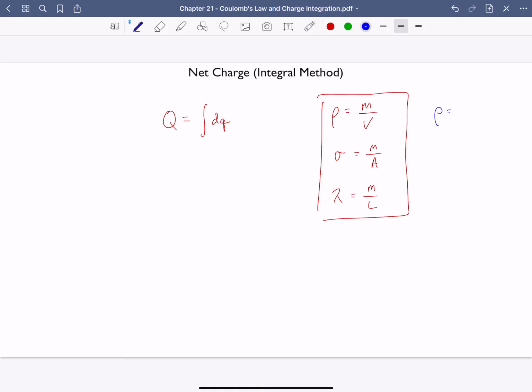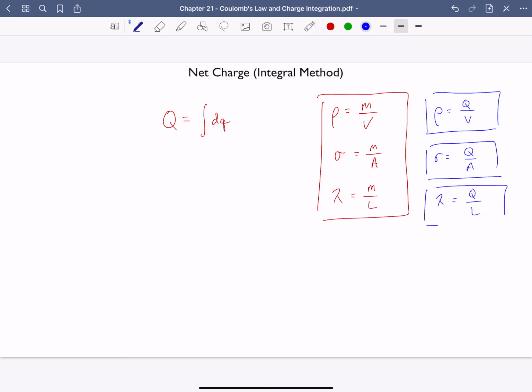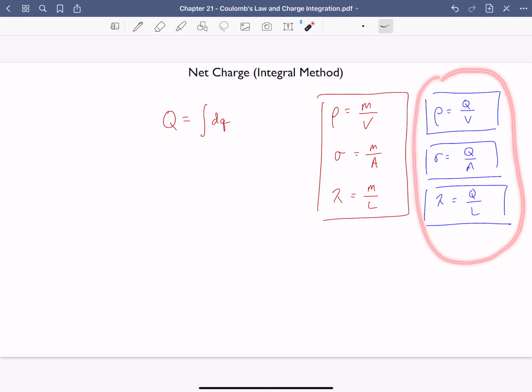Instead of using mass, we're going to do charge per volume to find the volume charge density. If we want to know the surface charge density, we can take total charge and divide by the total surface area. And likewise, if we want to know the linear charge density, we can take the total charge and divide by the length of the object. It's the ones over here in blue that we're going to be taking advantage of in Physics 4B.